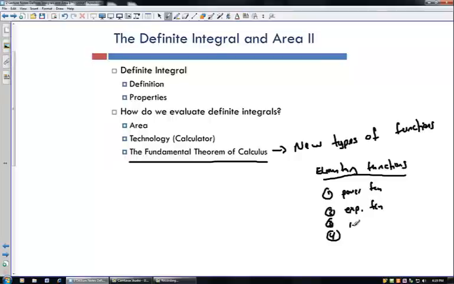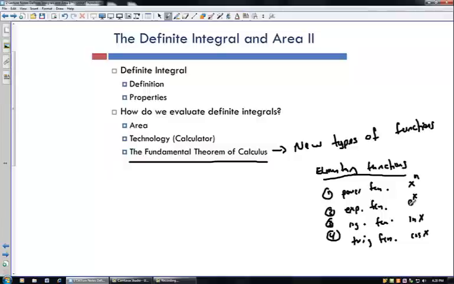The third type are logarithmic functions. And the fourth type are trig functions. And so these are real simple little functions, like x to the n, e to the x, ln of x, and then cosine of x, sine of x type stuff.